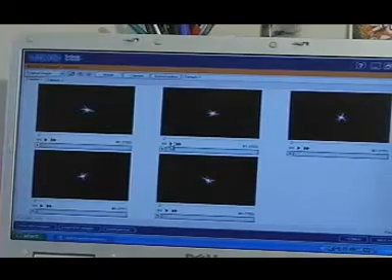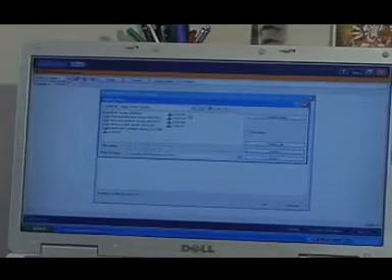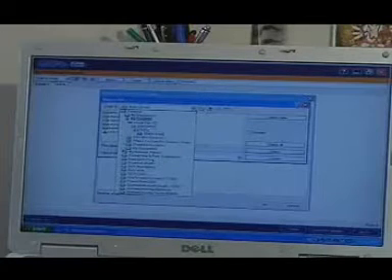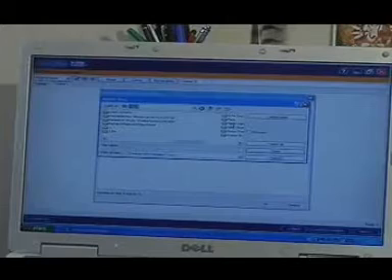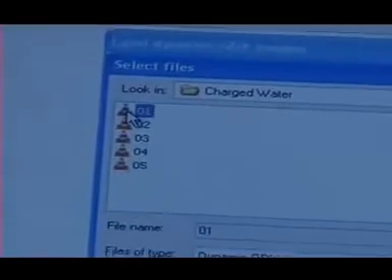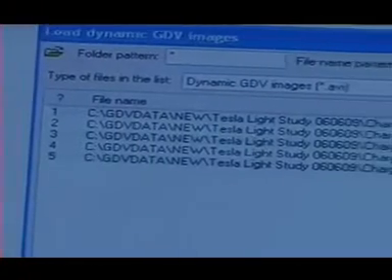If we want to look at one of them, we can see a dynamical image of the baseline of the lab water. You see that clearly? Yeah. Okay, so that is sample number 1. Now we go to sample number 2, the Tesla-charged water, and we have 1 through 5 open. Okay, and now we have this collective information.